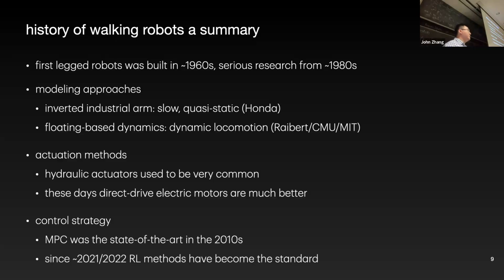In terms of control strategy, model-predictive control was the state of the art in the late 2010s and enabled a bunch of the cool behaviors. Since the early 2020s, around 2021 and 2022, RL methods have caught up, and I would argue RL is the state of the art and what all the companies are doing.